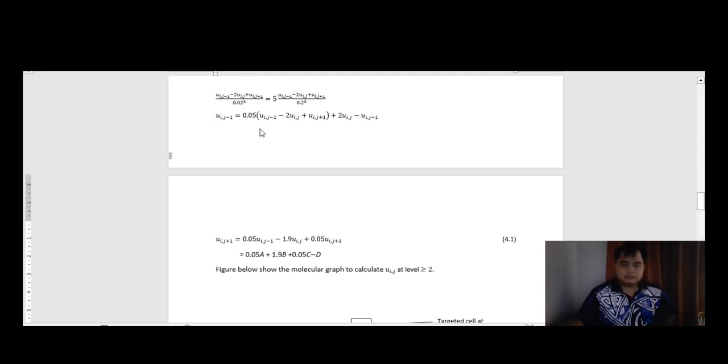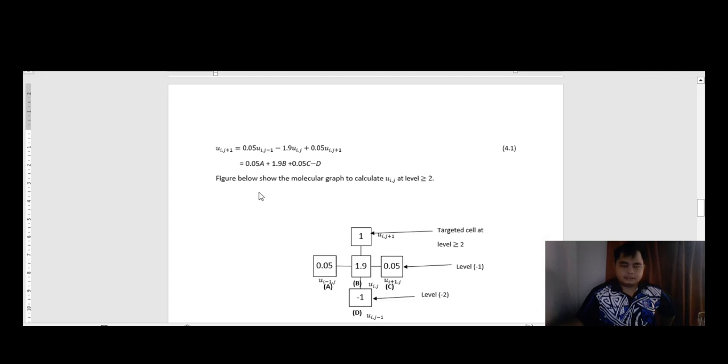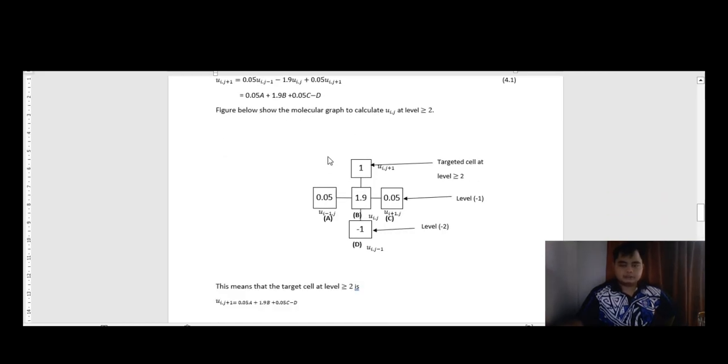Here is the expression of the answer. The answer for level 2 is 0.05a plus 1.9b plus 0.05c minus d.